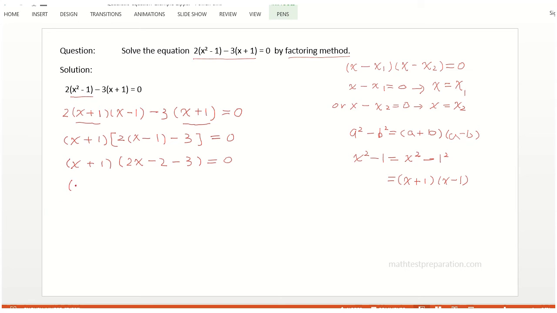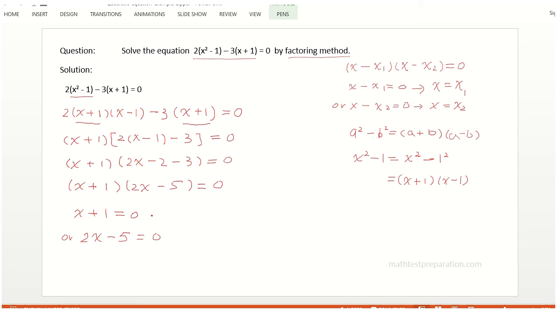So (x + 1)(2x − 5) = 0. So we get x + 1 = 0, or 2x − 5 = 0.